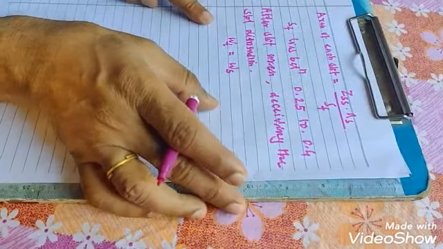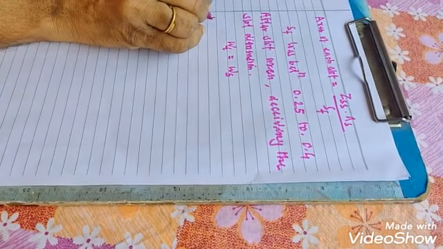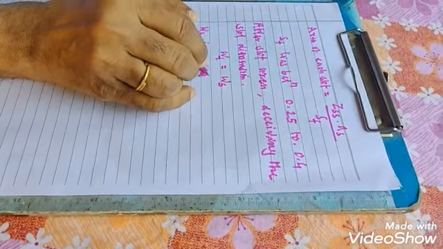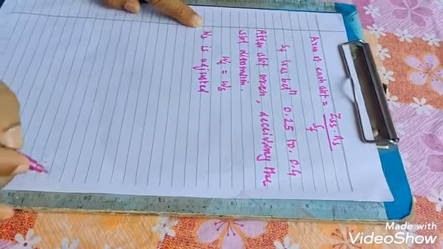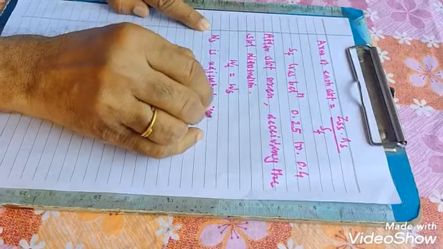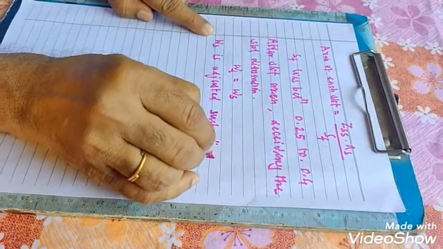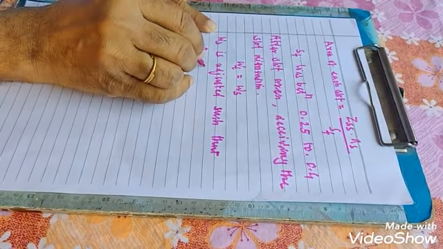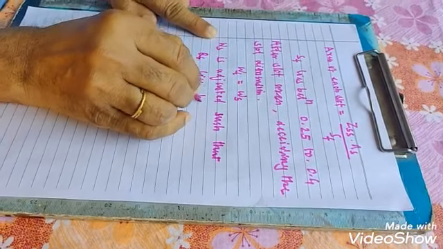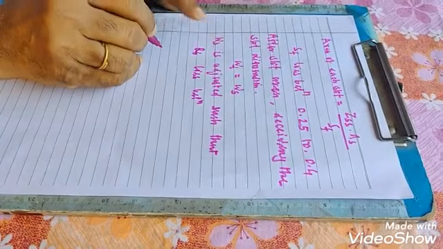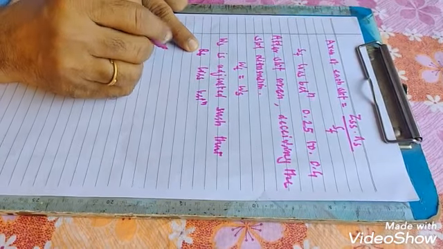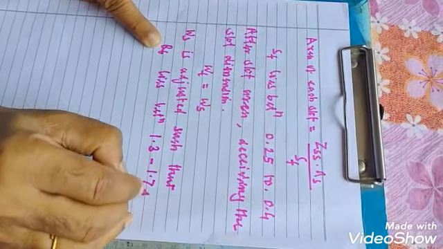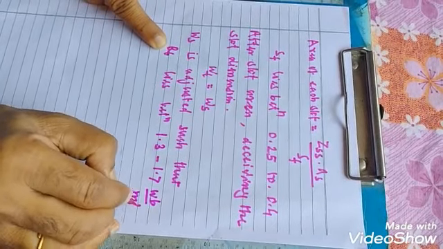At the same time, the width of slot WS is adjusted such that the flux density in teeth should lie between 1.3 to 1.7 Weber per meter square.